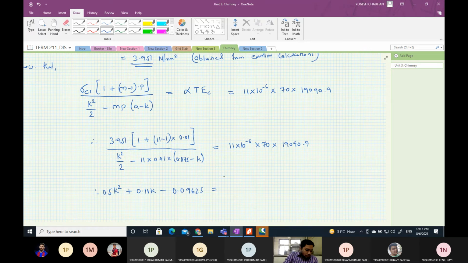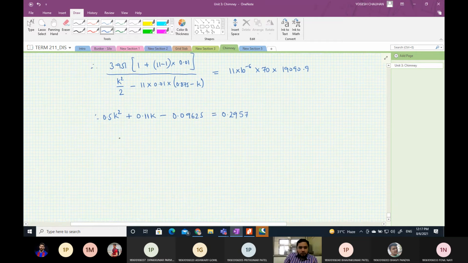So that is 0.2957. So your final quadratic equation will be of the form 0.5 K square plus 0.11 K minus 0.3919 equal to 0.